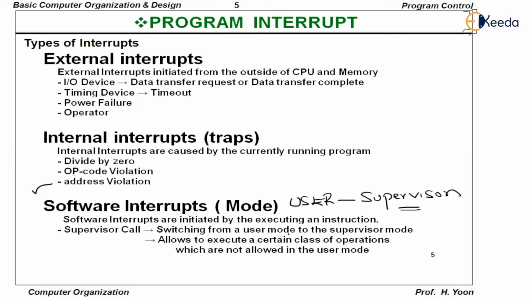Supervisor call, switching from the user mode to the supervisor mode, allows the executor certain class of operations such as IO operations, which are not allowed in the user mode. All these operations are related to IO operations because every time when you perform an IO operation, this IO operation will give you an access to the peripheral devices. For an example, printf. Have you ever thought of the printf statement?